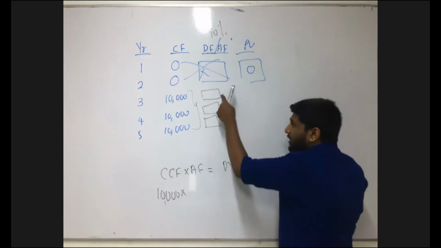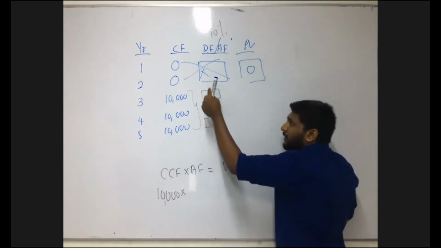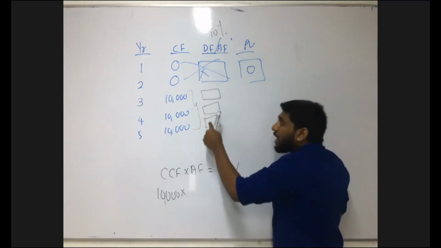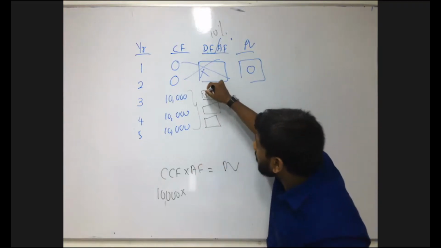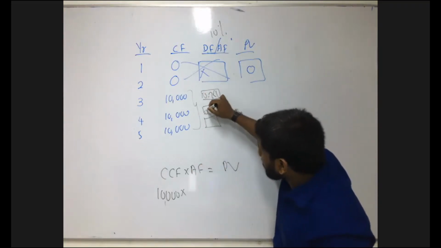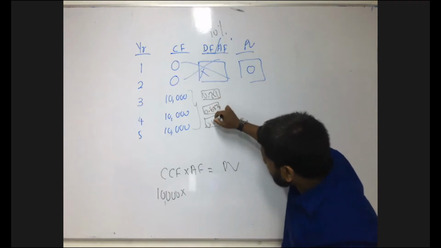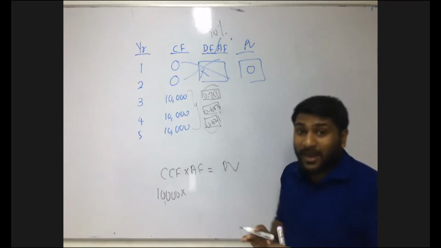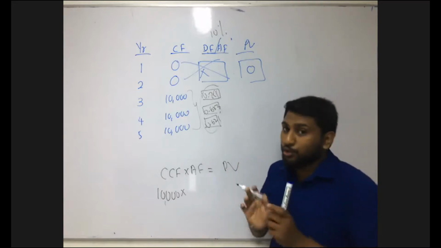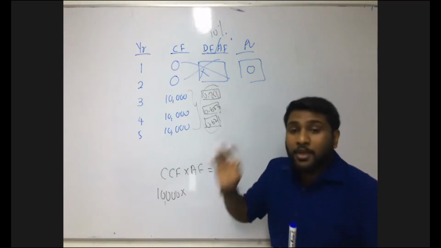But you shouldn't add 0.751, 0.683, 0.621. You shouldn't add these 3 and make that factor. You can't do that. In your exam, you shouldn't do that.